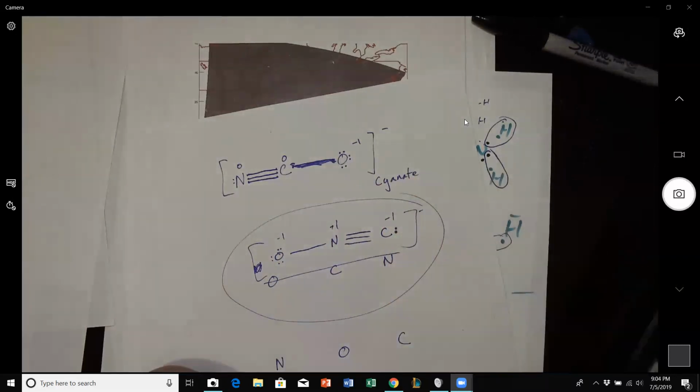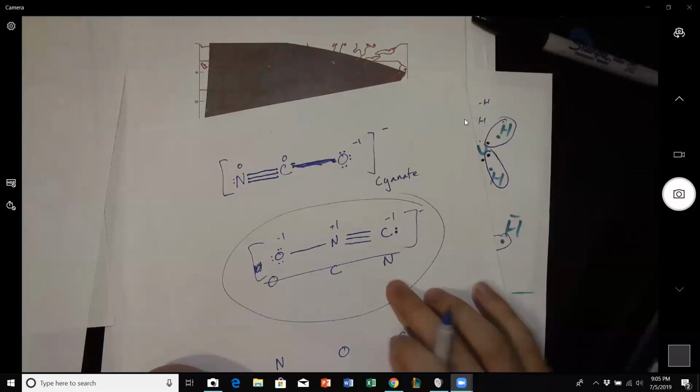Perfect. So now we have a lot of formal charges. So this isomer, so this arrangement of atoms, is less stable, but they're only 1 minus, so it's not too bad. Could be worse. So this ion can be isolated.